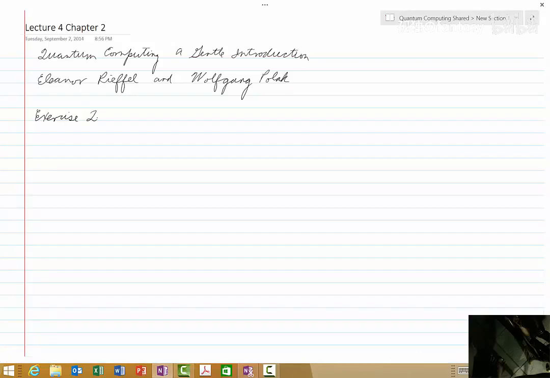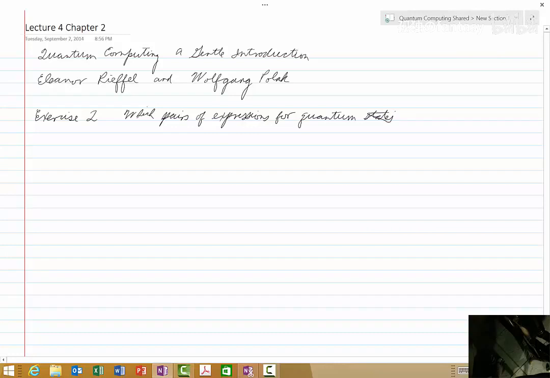And let me just go ahead and state the question. It says, which pairs of expressions for quantum states represent the same state?